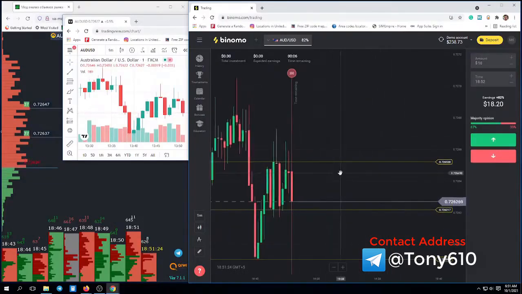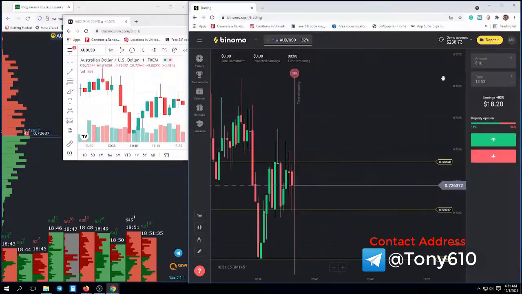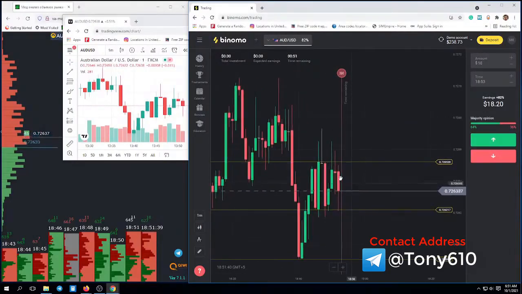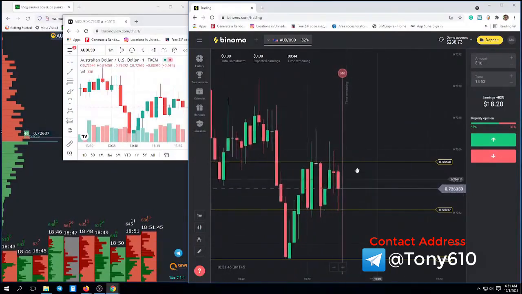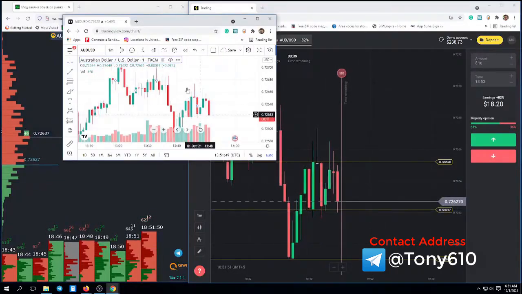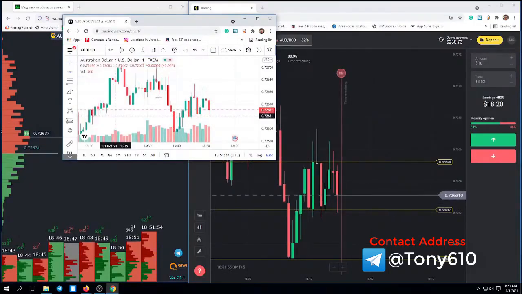If you see these levels, buyers and sellers are testing each other. This is the testing area, so we cannot place any trade inside these levels. We have to wait. If you want to place a trade here, it is the wrong decision. We have to wait until these levels break out.